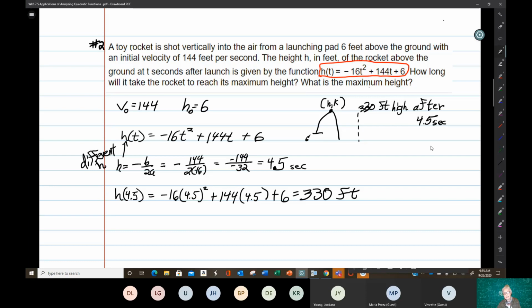Okay, see, this is real fast. This takes almost no time at all.